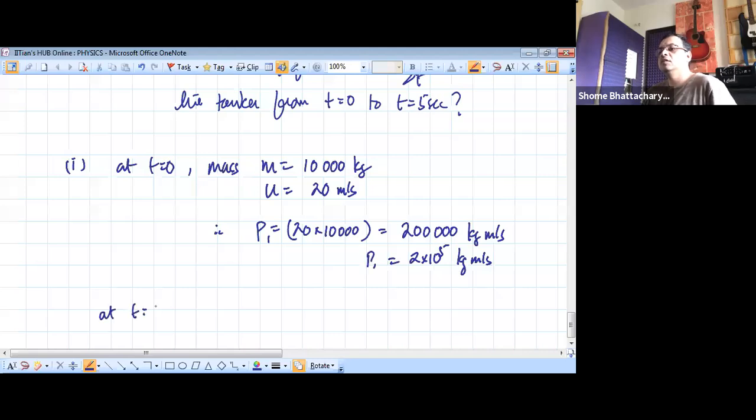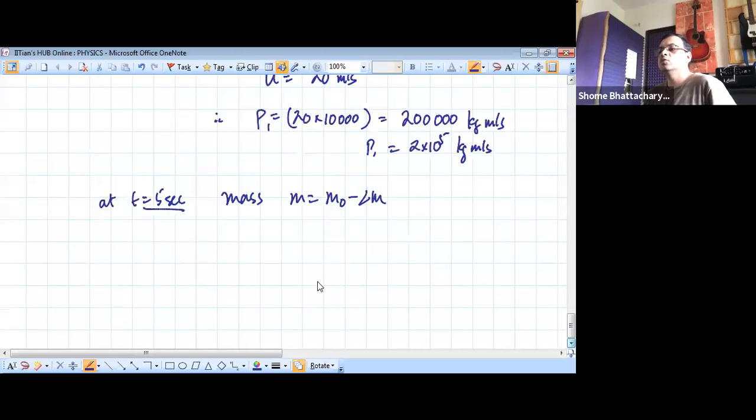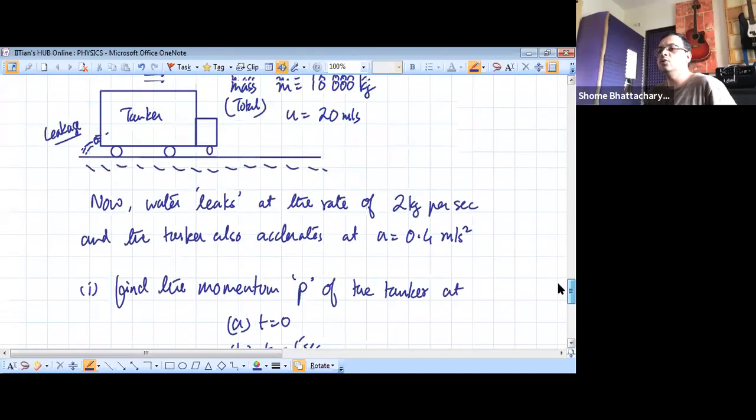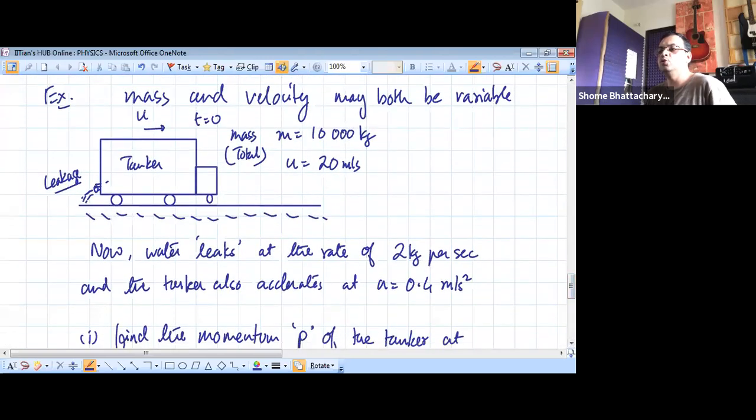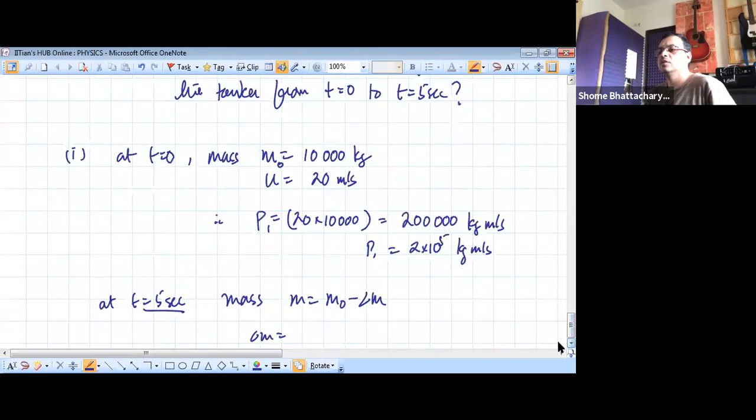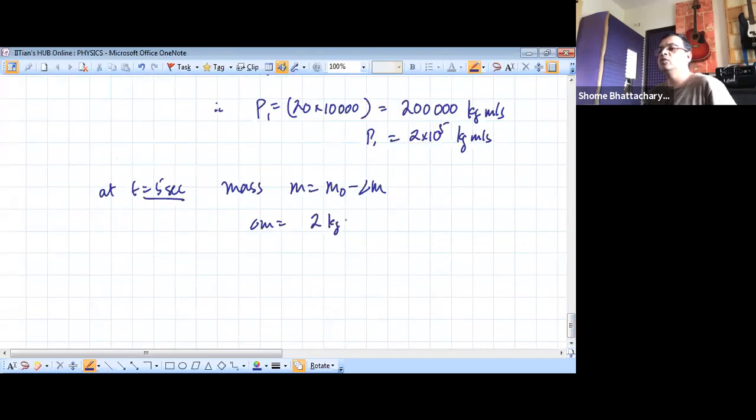Whereas at t equal to 5 seconds, what is the mass? The mass will be the initial mass, let's say m0, minus some amount of mass which has been removed. What is the amount of mass which has been removed? It is equal to the mass leaking out. Water is leaking at the rate of 2 kg per second, so 2 kg per second multiplied by 5 seconds.